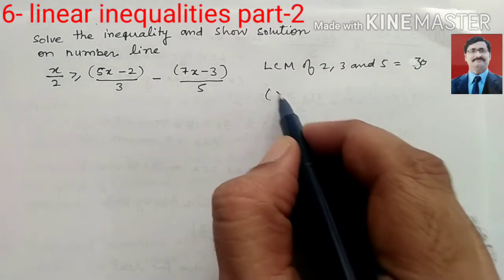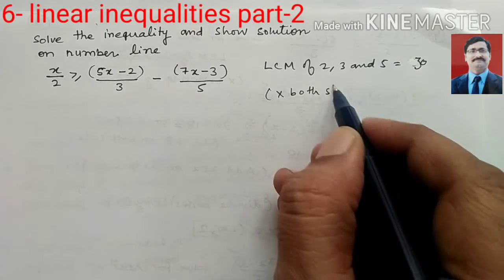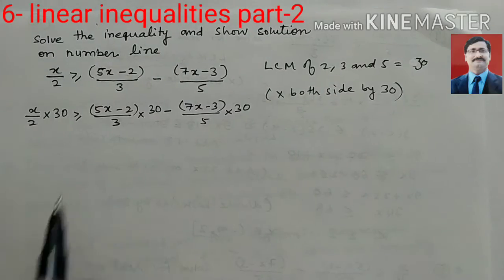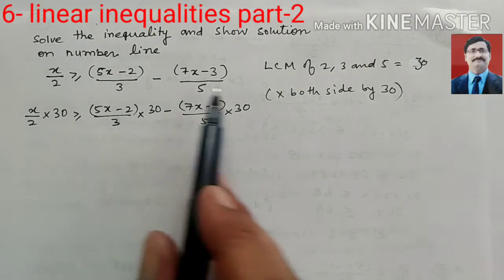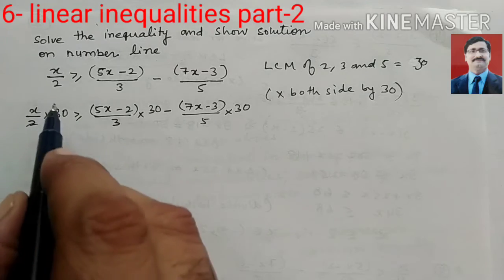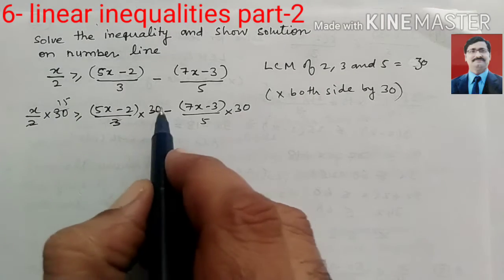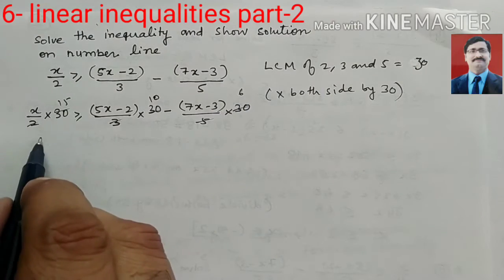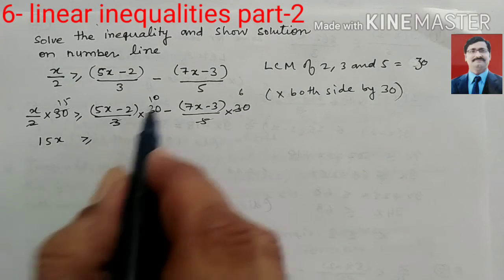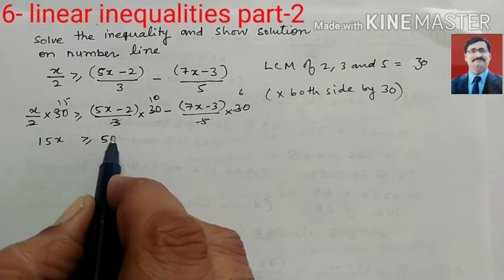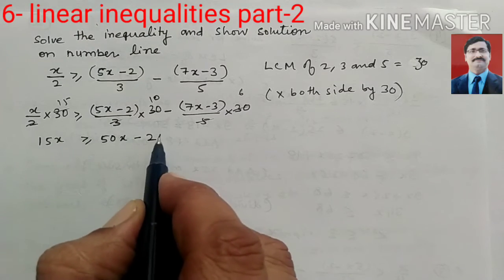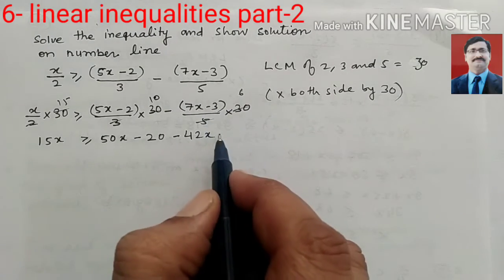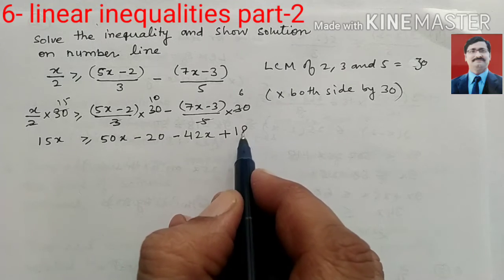Now you multiply both sides by 30, so all these terms are multiplied by 30. Now we cancel: we get 15, 10 and 6. Now we multiply: we get 15x, open this bracket, we get 50x minus 20, and this also open, 6 times 7 is 42x, minus becomes plus, and 6 times 3 is 18.